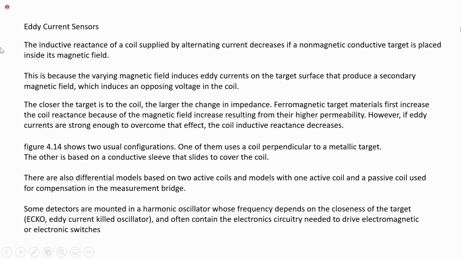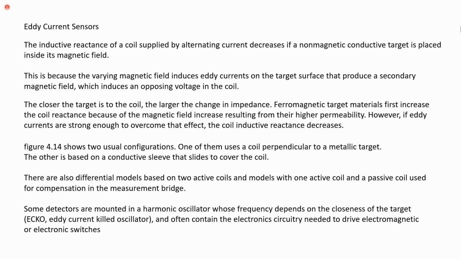Eddy current sensors. Already we have the eddy current definition. On the circuit board, if we have two conductors acting as a capacitor, even though they are not physically capacitors, they are lying near each other, so they are acting as capacitors.